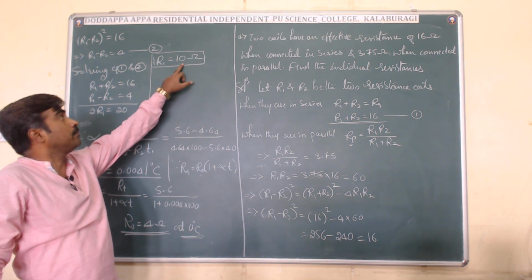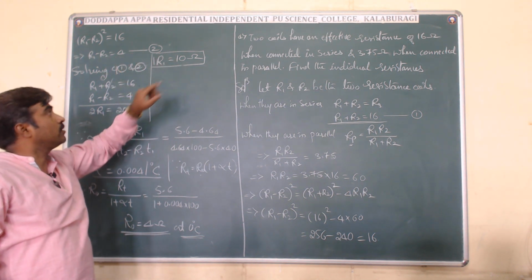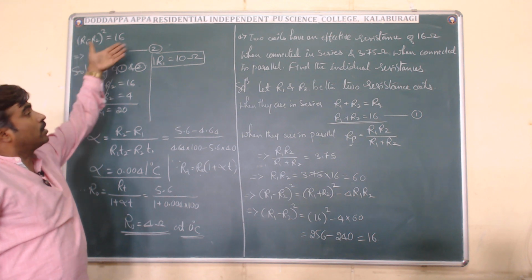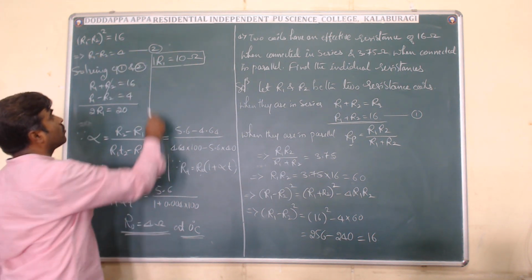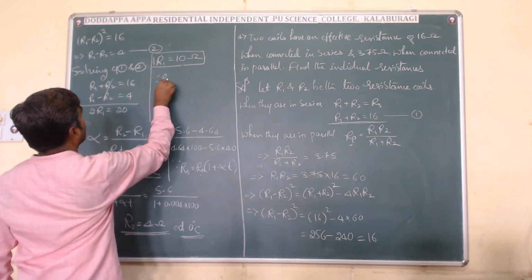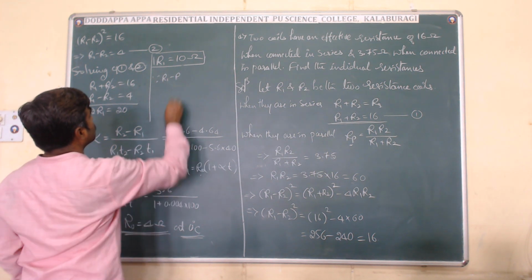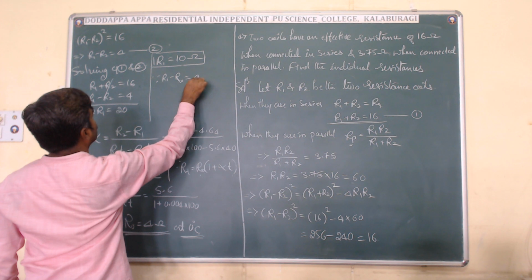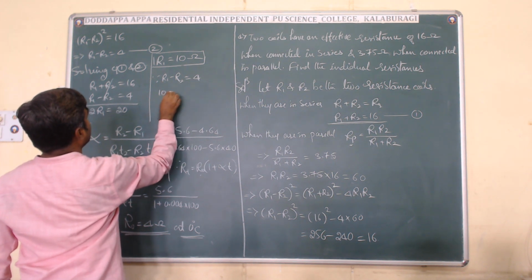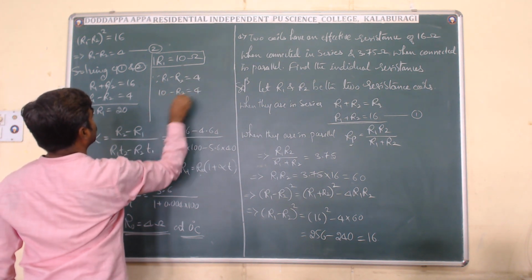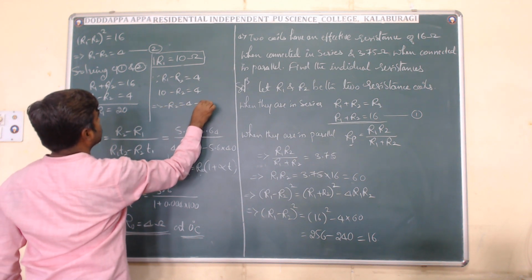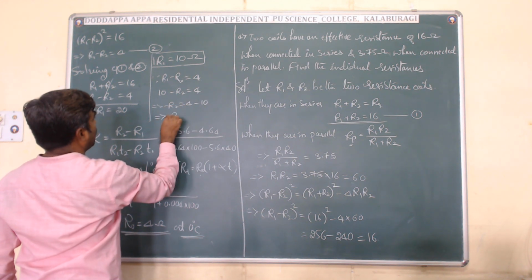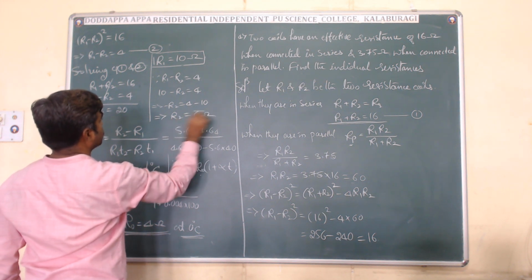That is the first value. Now it is simple to calculate R2. Using either equation, we can substitute the R1 value. Since R1 minus R2 is 4, 10 minus R2 is 4, which implies minus R2 is 4 minus 10, hence R2 is equal to 6 ohms.